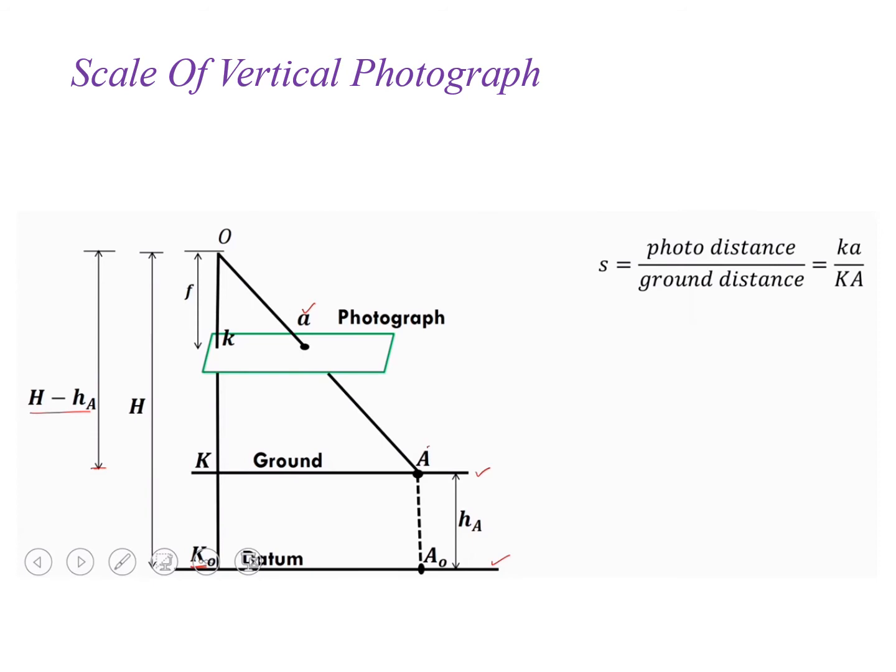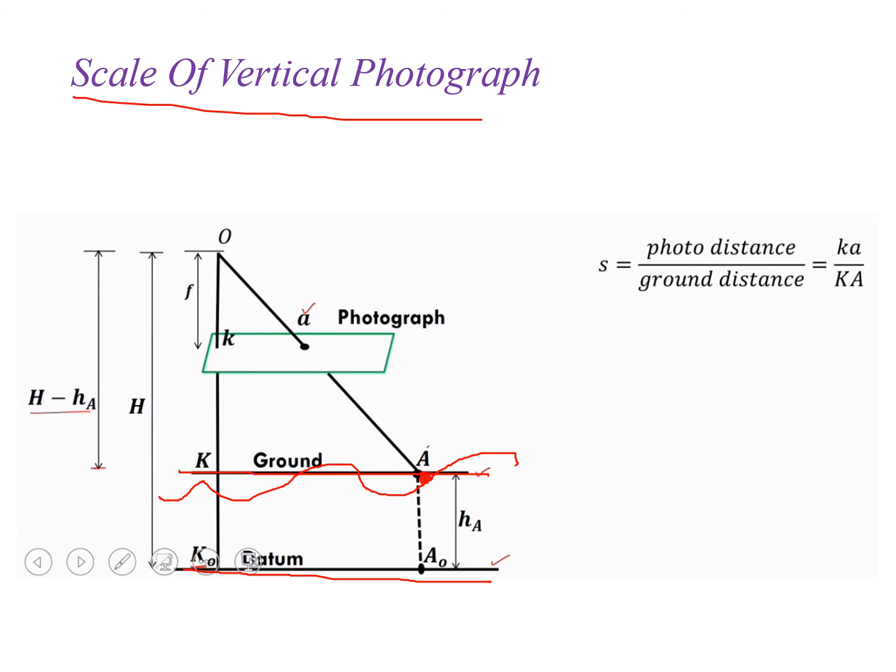Now let us say I am going to make some changes here. What you can see here is the datum, and apart from this I can draw a ground which is at some elevation above the datum, some vertical height. Let us say any object, so the ground could be like this, and this is the A point on the ground.